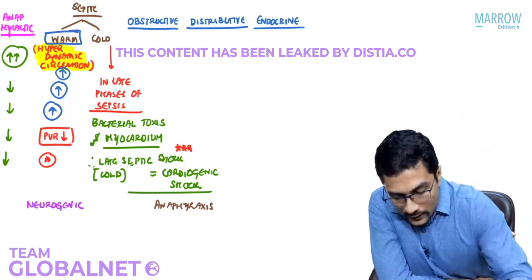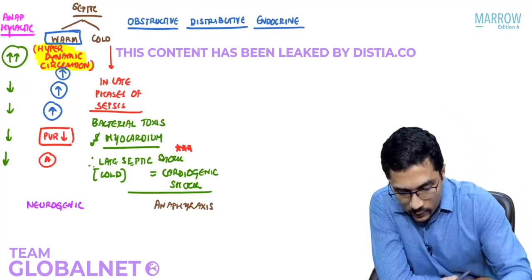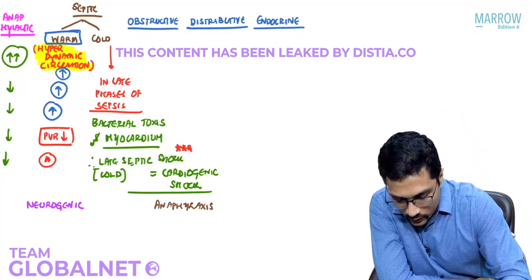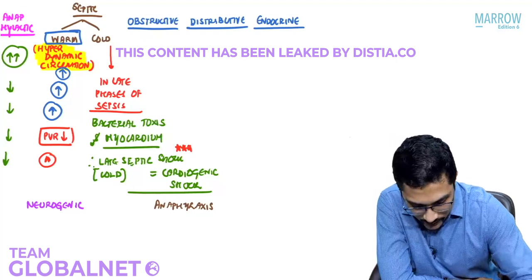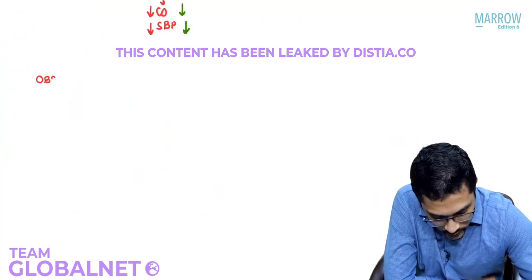Right. Now these three terms which I mentioned, obstructive, distributive and endocrine shock, what exactly do these mean? First, let's talk about obstructive shock.